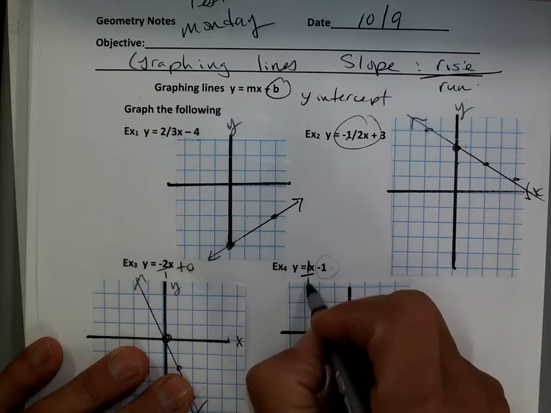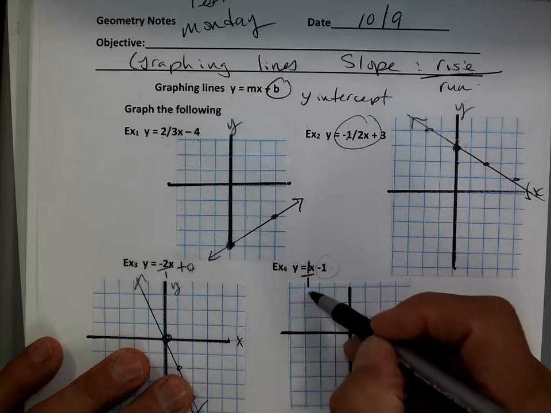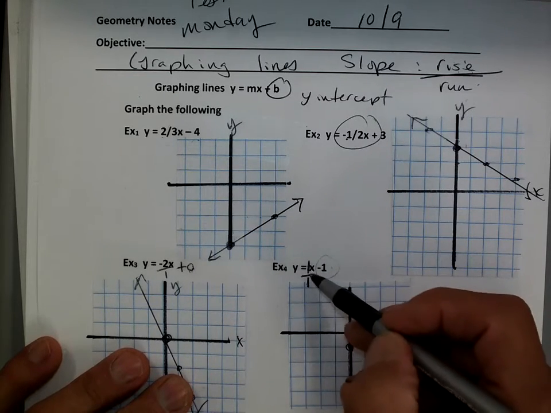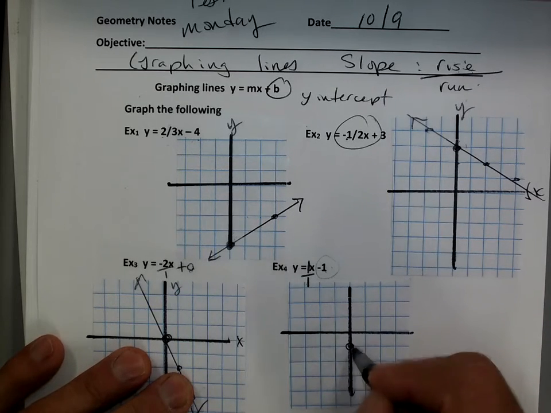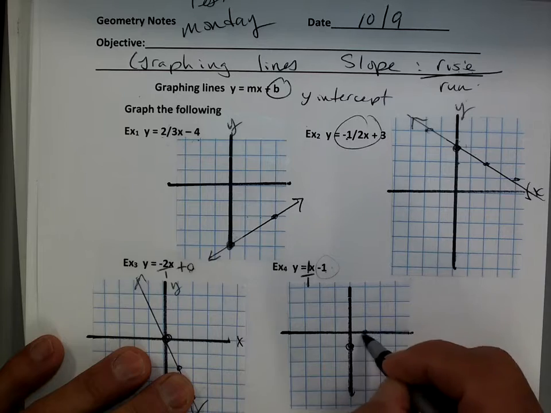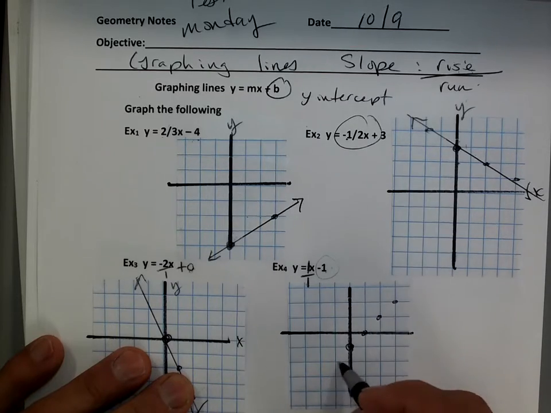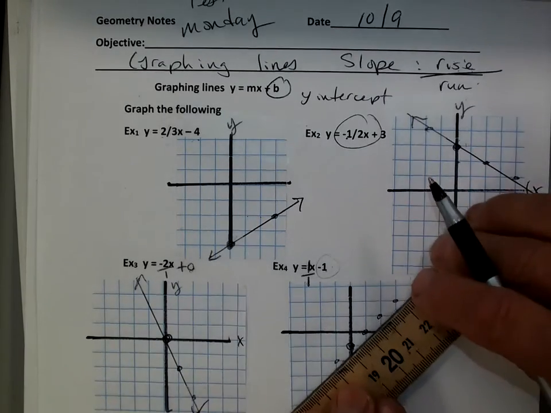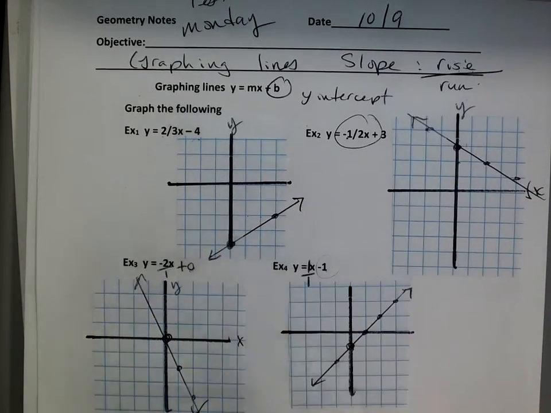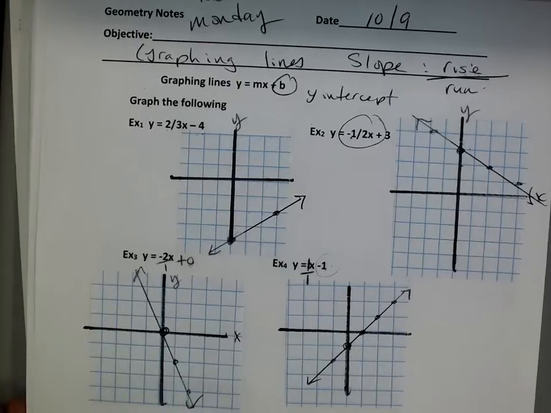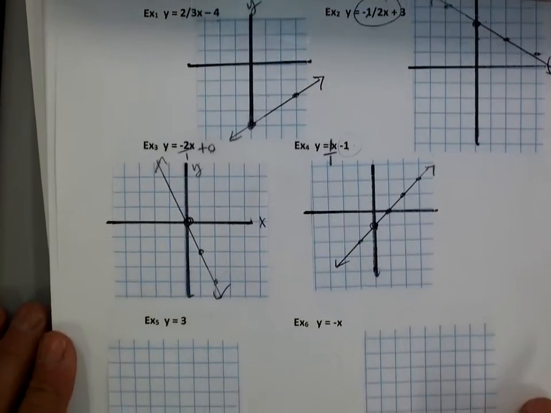And 1 over 1, because anything over 1 is a fraction. We need up 1 over 1, so we need a 1x, 1 over 1. So we start at -1, that's my y-intercept, and I'll go up 1 over 1, up 1 over 1, so forth and so on. There we go. We've done this before. Okay, I'm going kind of fast because I think you guys know how to do this.